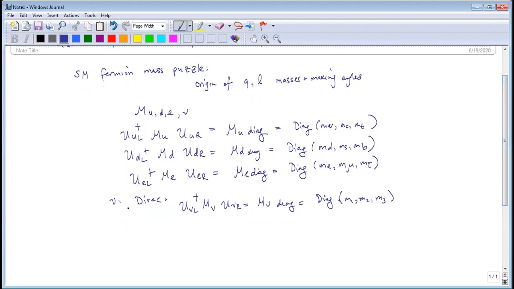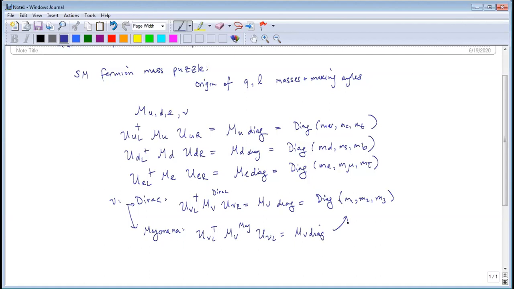And if the neutrinos are Majorana, as we know, then the matrix structure is different. We have U_νL transpose M_ν. I'll just write Majorana for this one. This is the Dirac. Okay. And U_νL is M_ν diagonal.